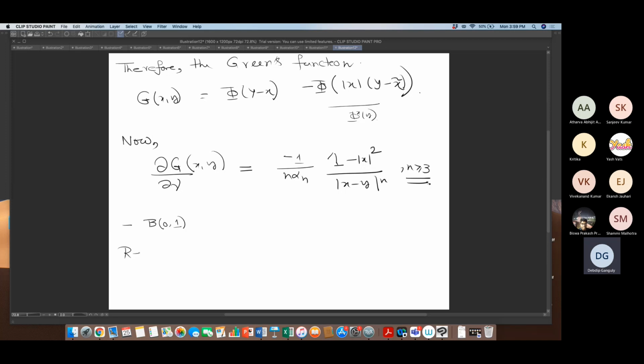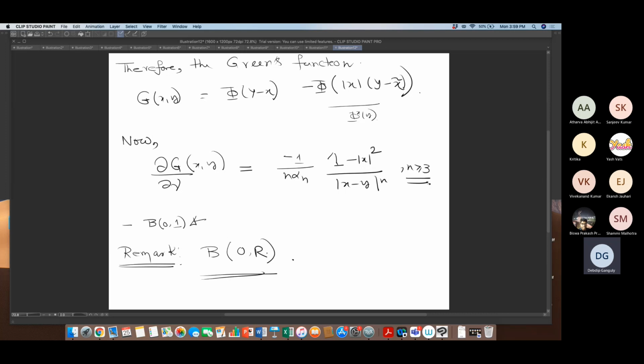Now, remark: we would like to see what will happen for B of any radius r. So any idea what we should do? We have computed the Green's function for B 0 1. Now I would like to compute the Green's function and solve the PDE for B 0 R. Instead of 1, I have R now.